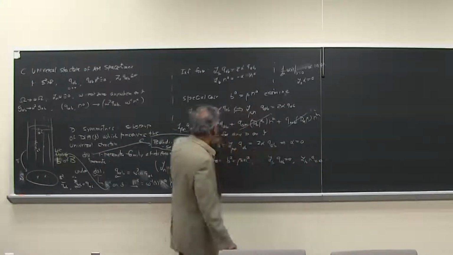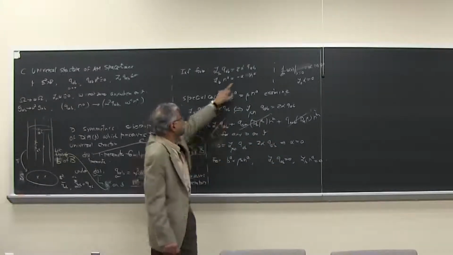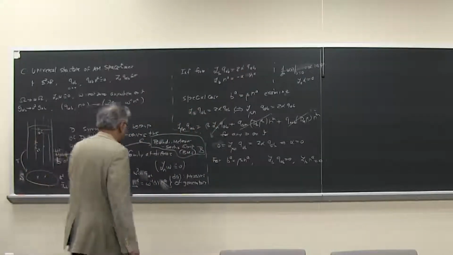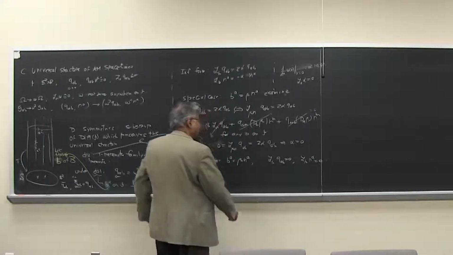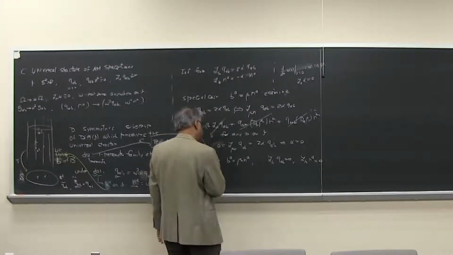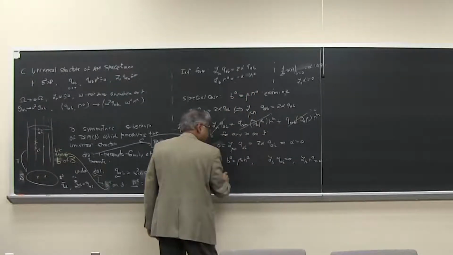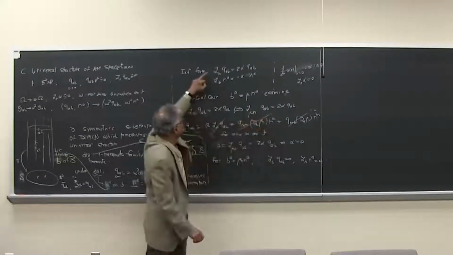This equation is what told us that alpha is equal to 0, and now I still have to use this equation up here.